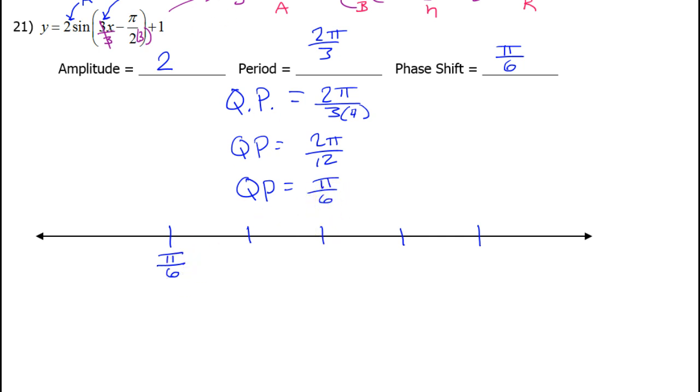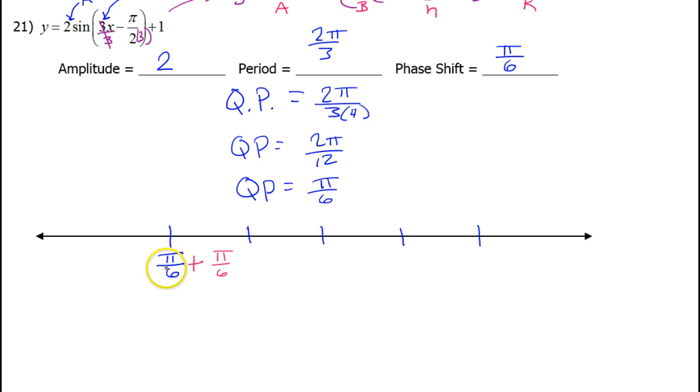That's going to make this a little bit easy if you ask me. Because the idea is to take your phase shift, your first x value, and then add a quarter period 4 times. So I need to take this pi over 6, and I need to add the quarter period of pi over 6. Normally I would need to get like denominators, but these are already like denominators.